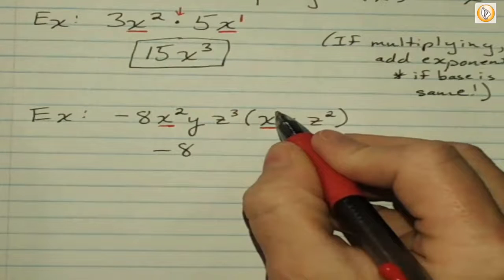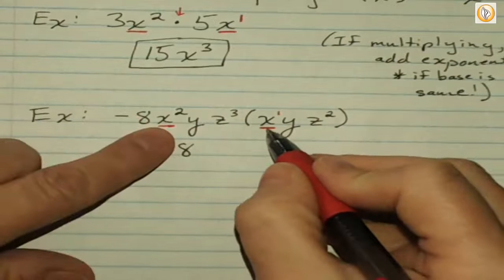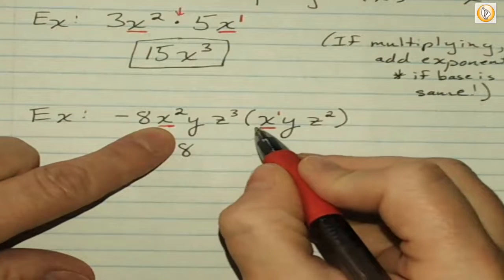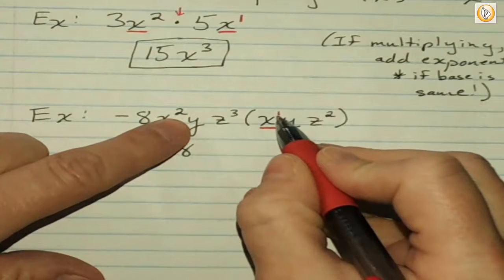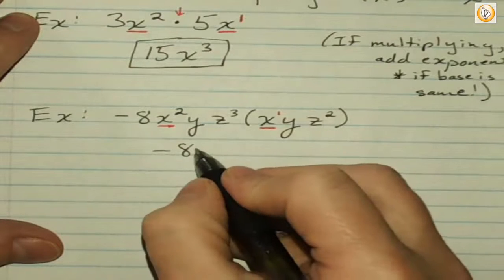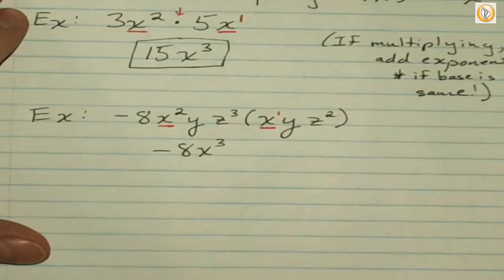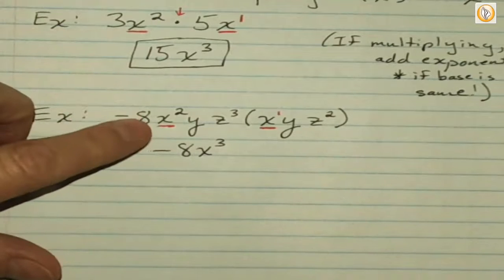What power is this? 1. Okay, so if the bases are the same and we're multiplying, what do we do to the exponents? Anyone? Add them. So then, x to the what power, Michael? Third power. All right, now let's look at our y's.